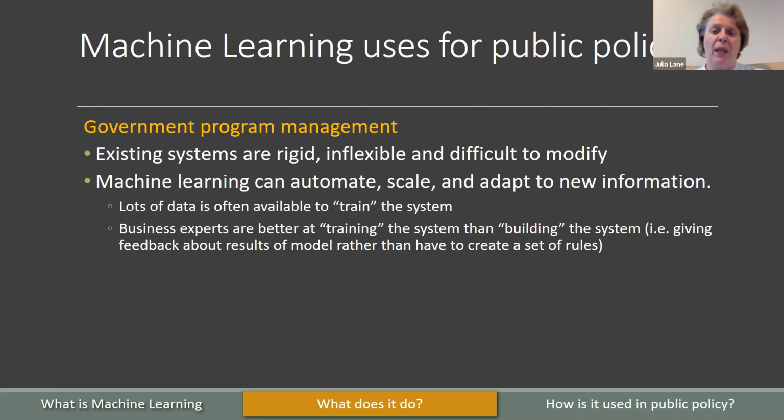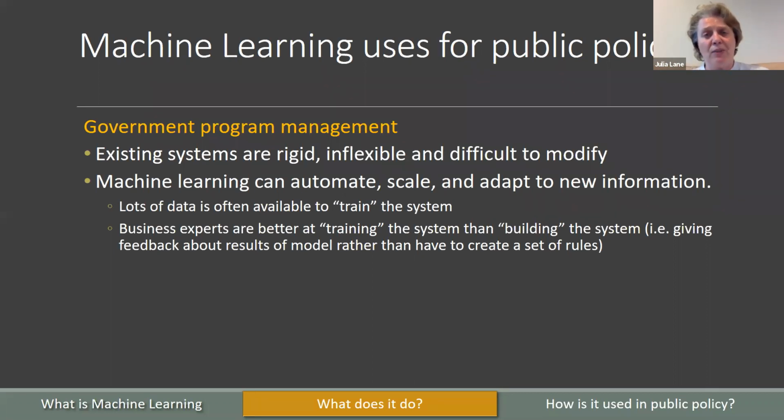trying to apply them. The advantage of machine learning is instead of having rigid rules that are encoded at the top that people have to obey, machine learning is going to help us automate and scale that approach. And the advantage of government programs is a lot of times we have administrative data.